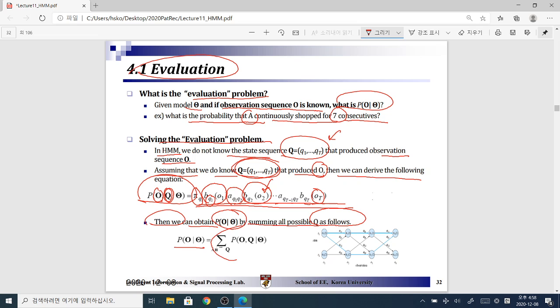All possible Q as follows. So summing all possible Q is going to give you this marginal probability. Given the joint probability, if you sum over all the Qs, it's going to give you the marginal observation probability.